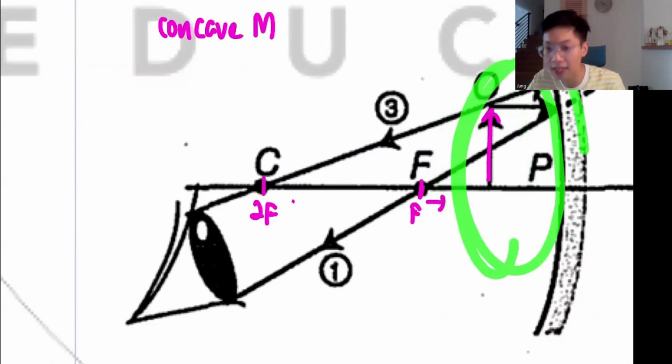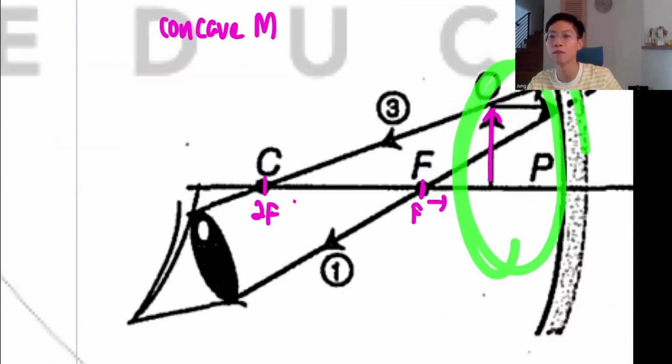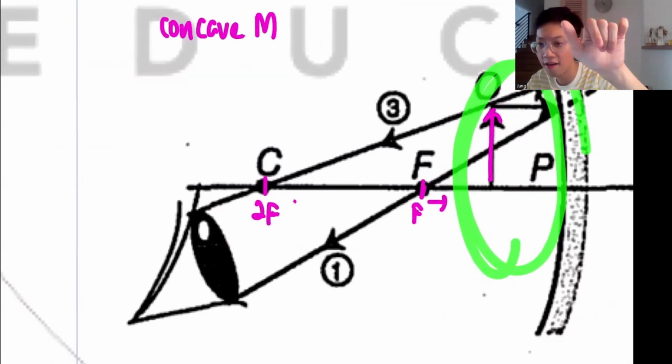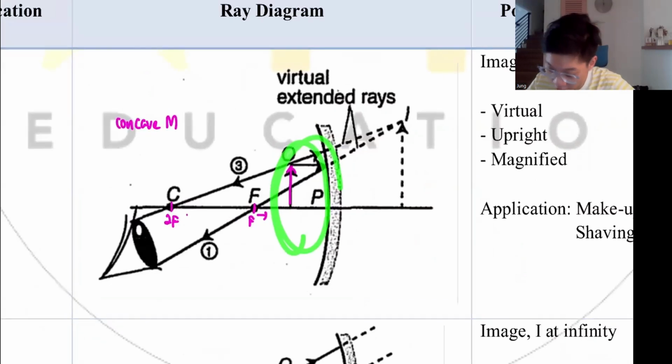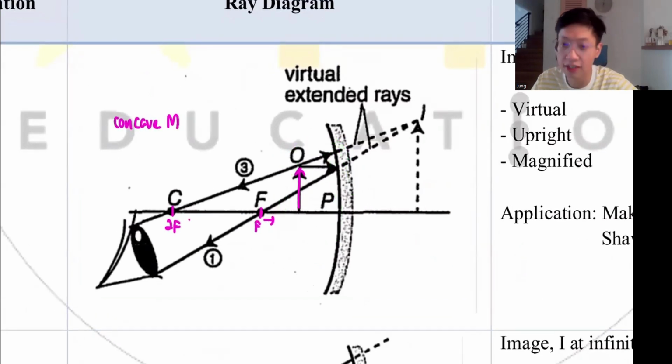What is the alphabet? It is VUM. Checking, right? Virtual, upright, magnified. So done, guys. Done. Virtual, upright, magnified.